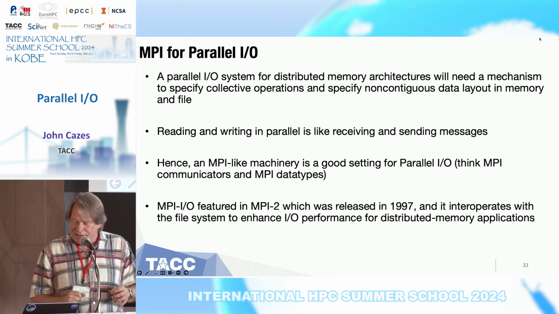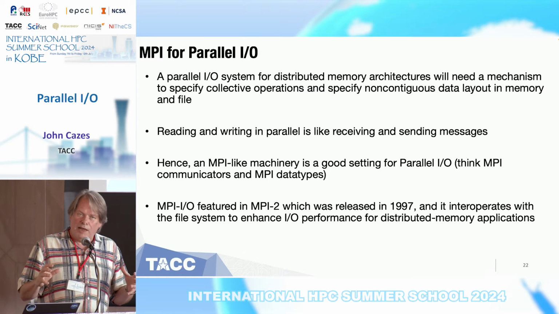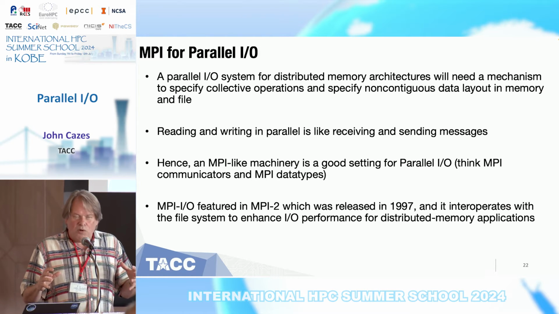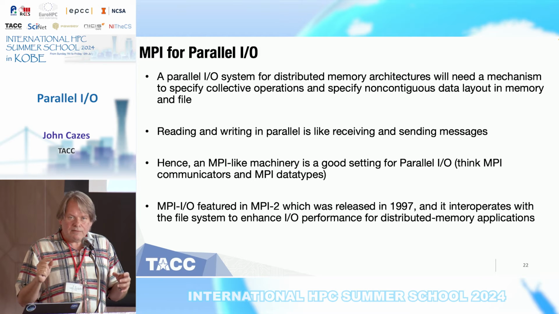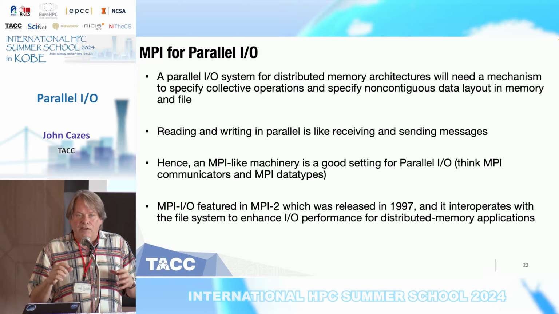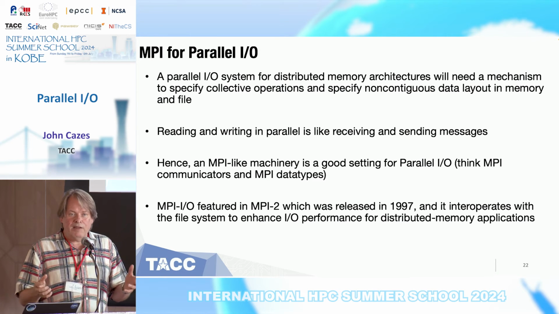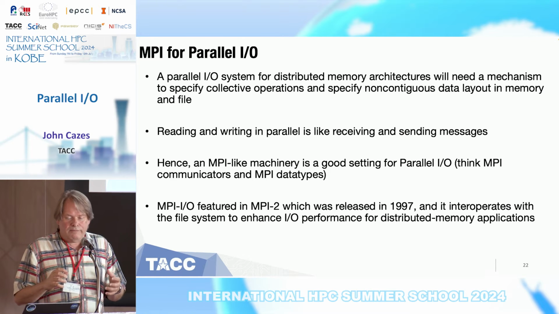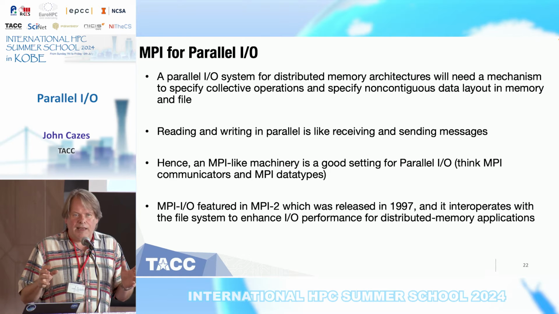And so reading and writing in parallel is similar to communicating in MPI between tasks. So we have read-write commands that are like a single task. So this is like a send and a receive, right? Send is a write, receive is a read. And then we have collective parallel I/O tasks, and these are like the collectives we have, like all gather, broadcast, things like that.